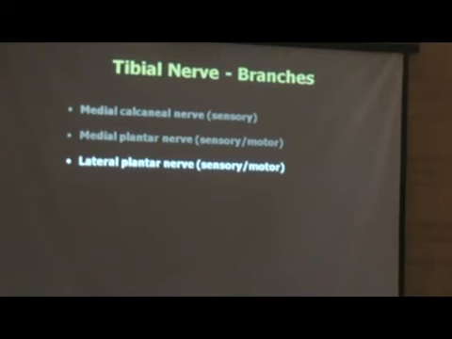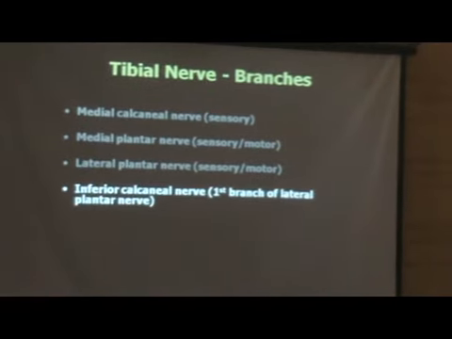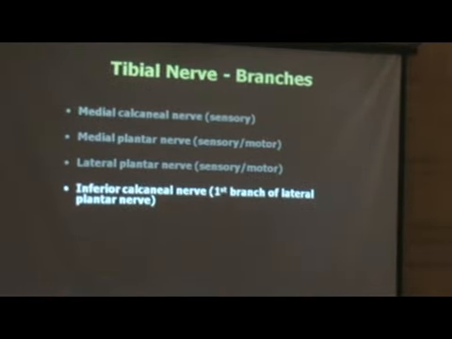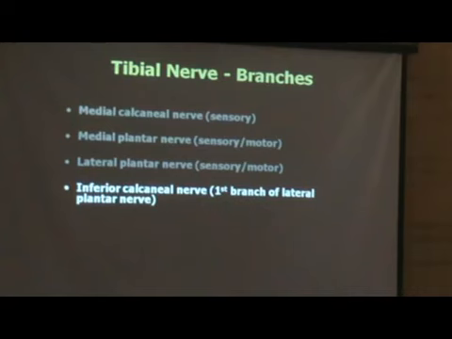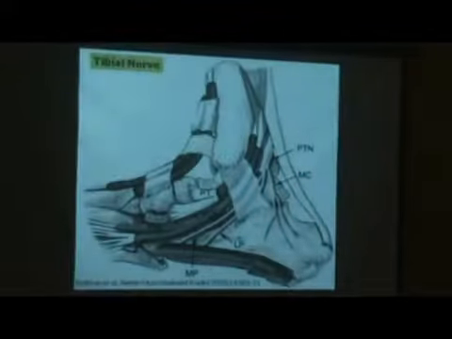The lateral plantar nerve as well. And we have the inferior calcaneal nerve, which is actually the first branch of the lateral plantar nerve. It's not a direct branch from the tibial nerve itself, but a branch of the lateral plantar nerve. And I'm going to show you this when we go through the slides.